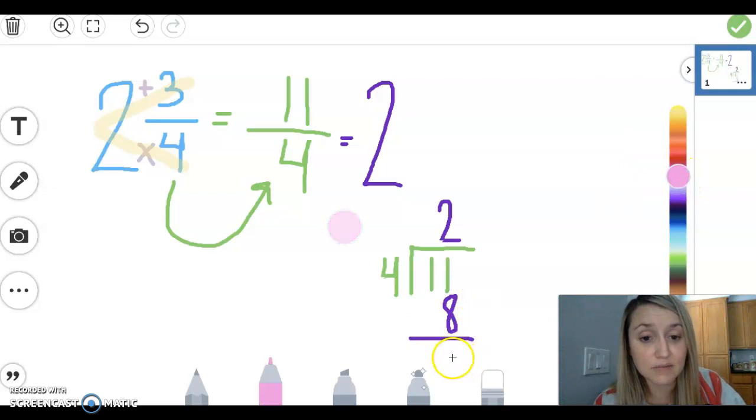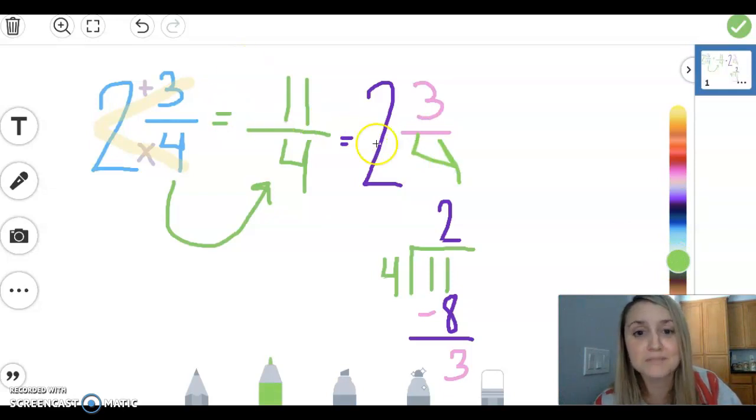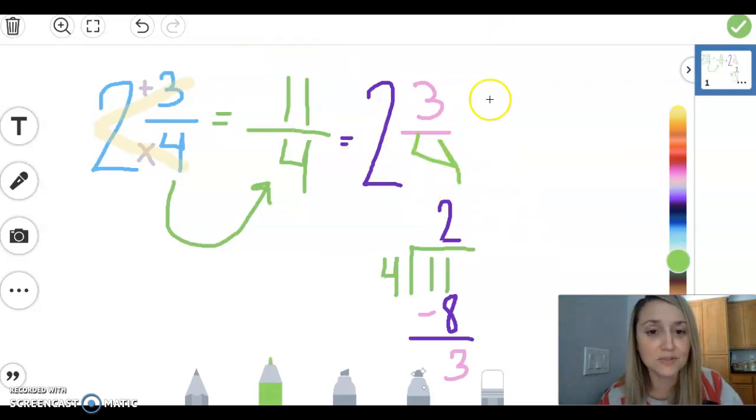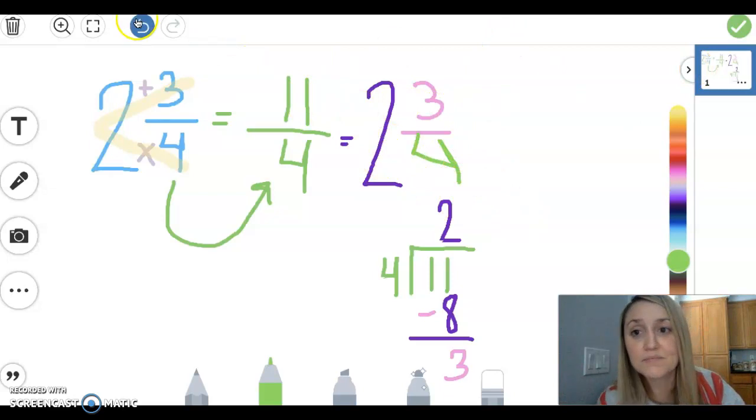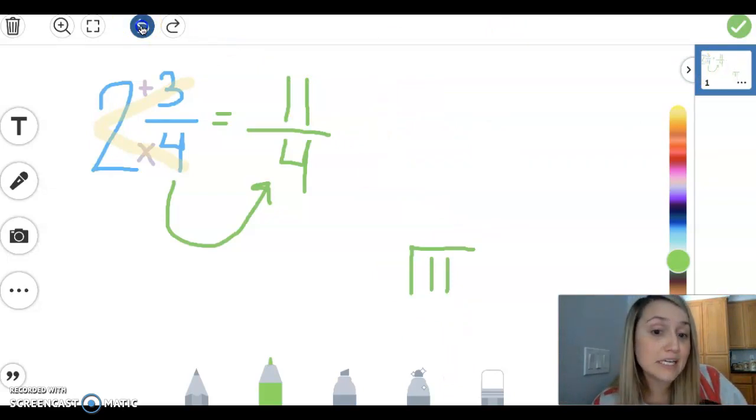And then 11 minus 8 would be 3. So that would be your numerator. And then your denominator always stays, well, it's a funky 4, but you see what it is. So 2 and 3/4. So pretty easy enough.